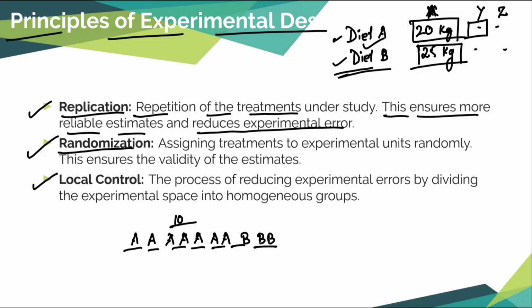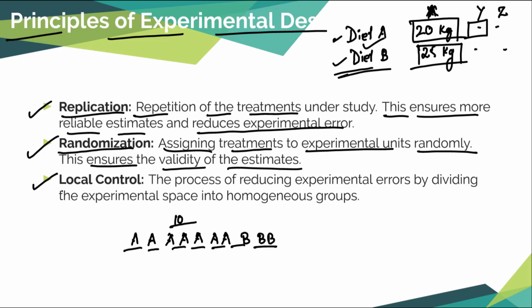So if you don't randomly allocate or assign treatments to experimental units, then your conclusions are not valid. So randomization ensures the validity of the estimates or the conclusions. The word estimates means conclusion, right?